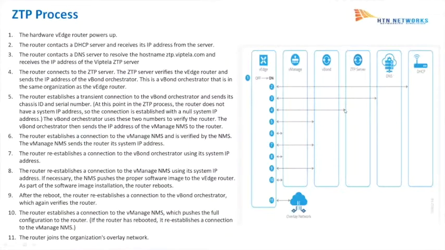The ZTP server sends it to the vBond server. vBond gives it the IP address of the vManage, and then from vManage it gets the system IP. Then it reboots, goes back to the vBond again, and then establishes the connection with the vManage, and finally once everything is done, it comes up on the overlay network. So that's how the ZTP process takes place.